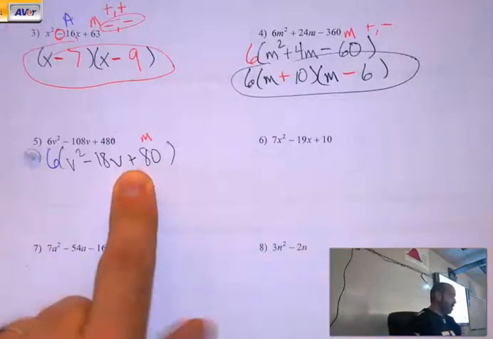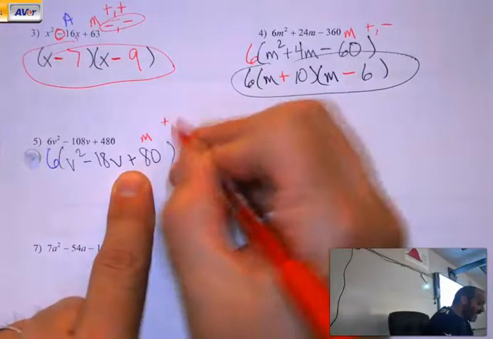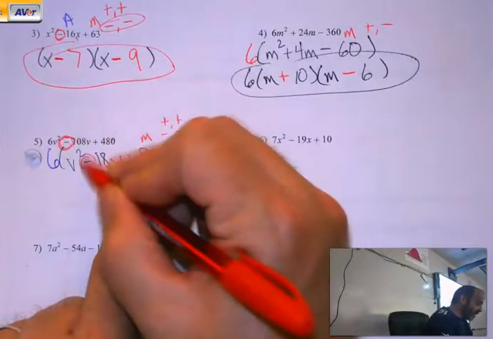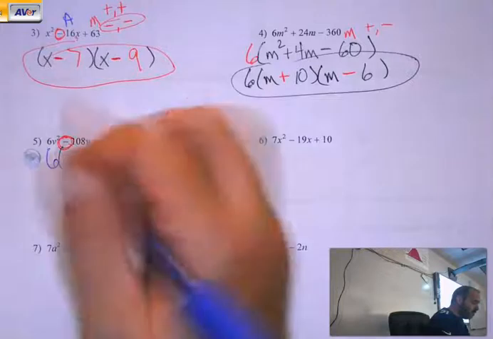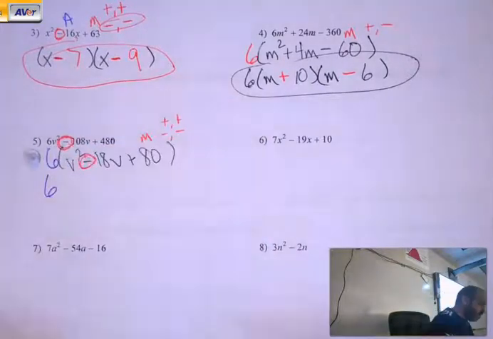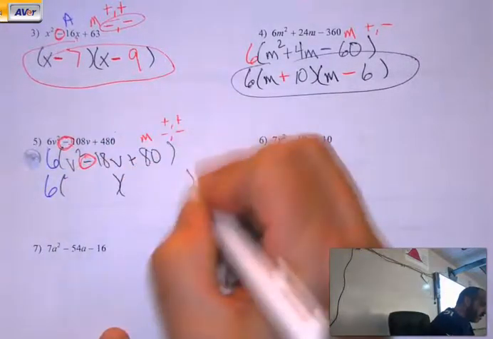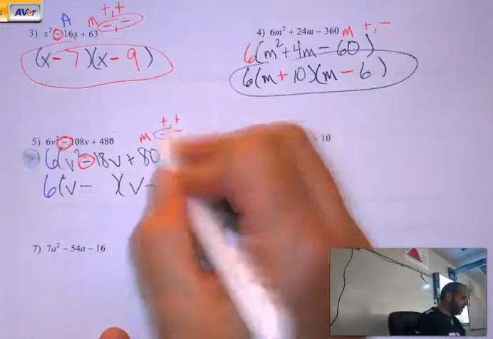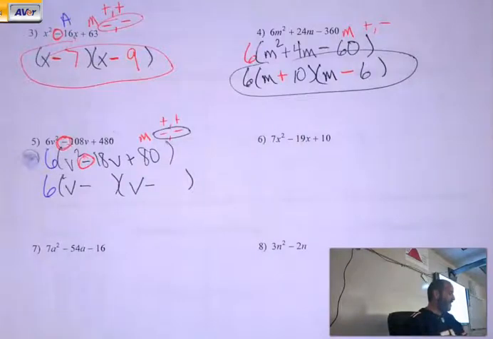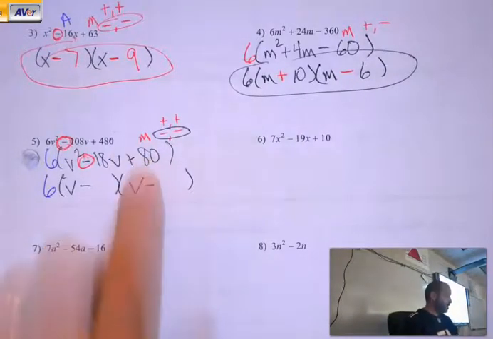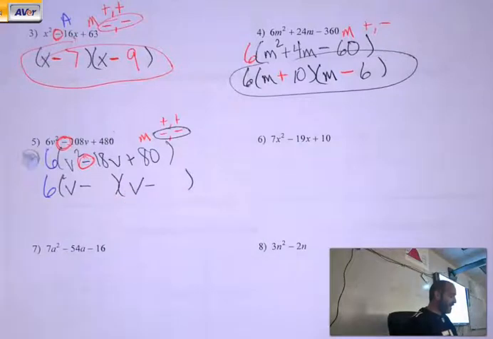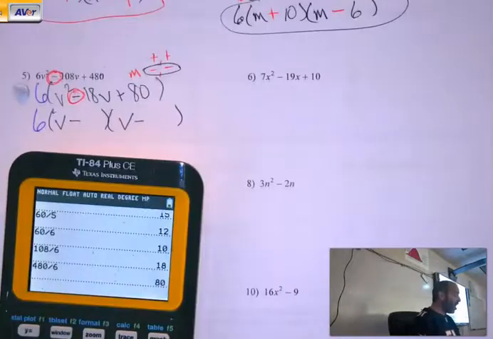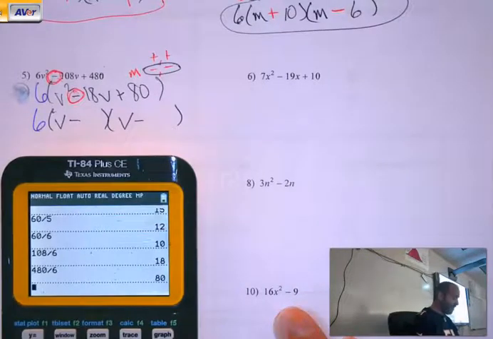Positive multiply number. Signs have to be the same. That sign tells me a lot. Now, 80 and 18. And again, if you want to find 80s on the back of your chart until you find a pair that works, it's fine.